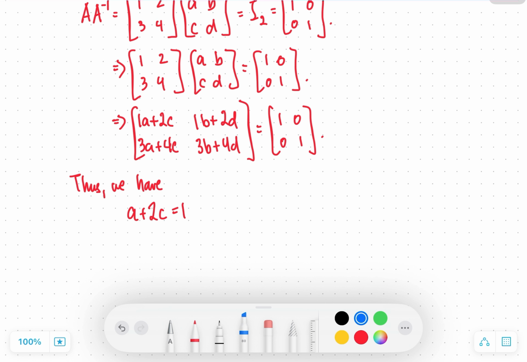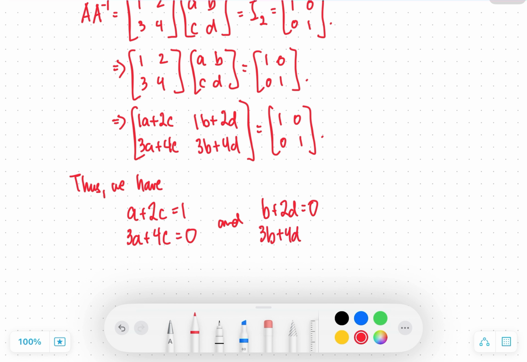The other one, using this as the left hand side and this as the right hand side, is clearly 3a plus 4c equals 0. And we have another linear system of this one aligned with this one, so what we have is b plus 2d equals 0. And lastly, we have this aligned with this.